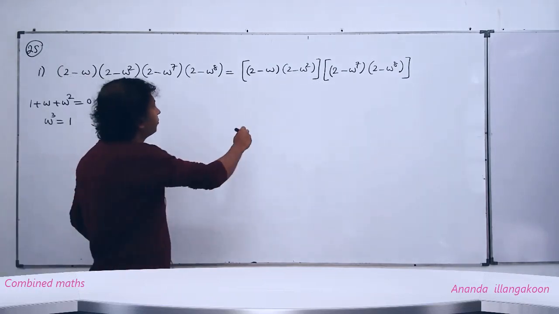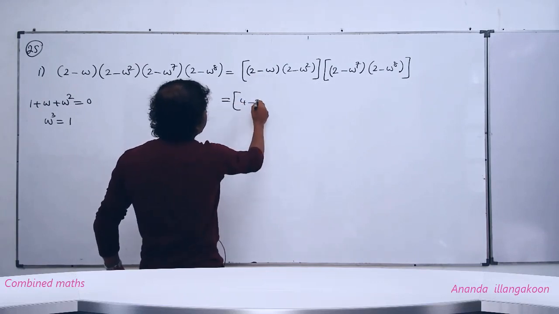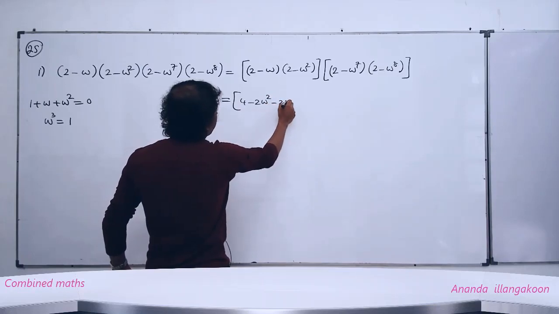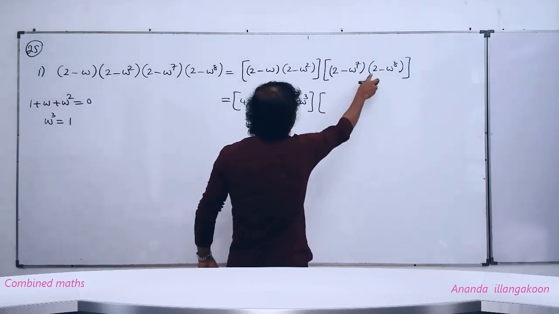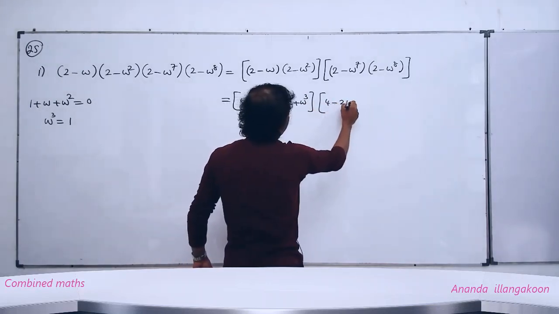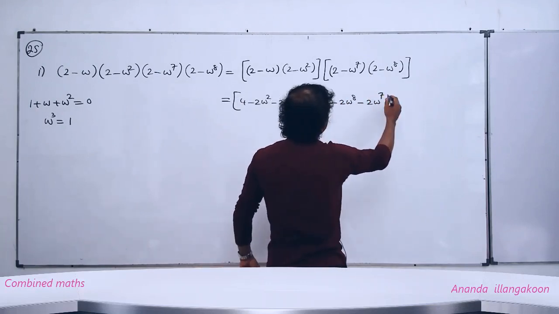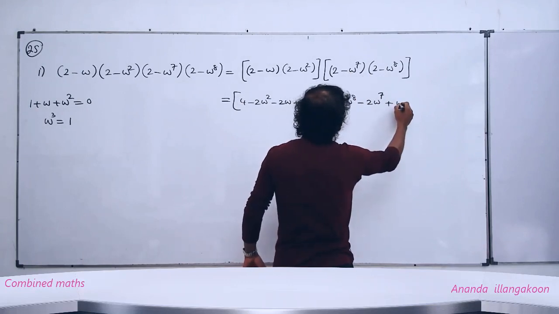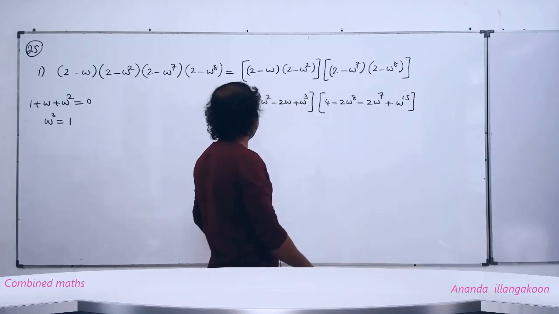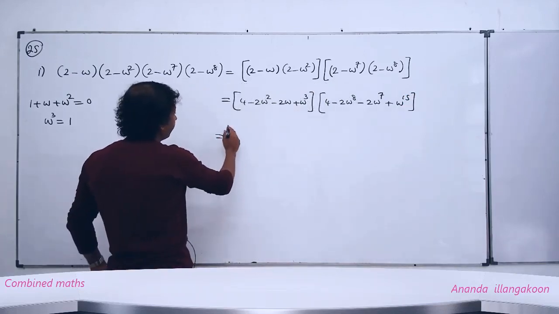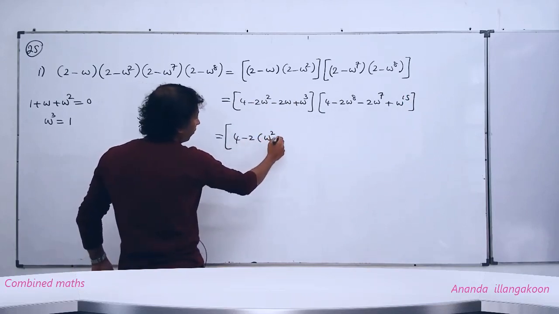Then simplify this. 2 times 2 is 4, minus 2 omega squared, minus 2 omega, plus omega cube. Here 2 and 2 make 4, minus 2 omega 8, minus 2 omega 7, plus omega 15, no? This way. You take minus 2 out: omega squared plus omega.